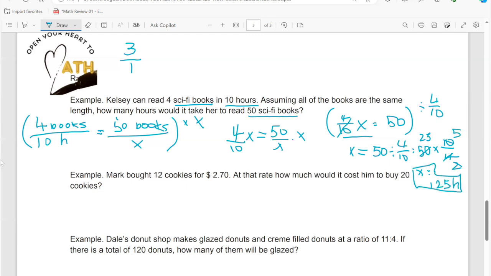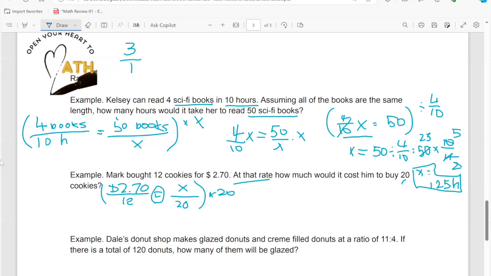Next example, 12 cookies for $2.70. I bought $2.70 for 12 cookies, and at that same rate, the rates are going to equal each other, to buy 20 cookies. If I want to buy 20 cookies, how much money x do I need? Okay. Therefore, I have to multiply 20 on each side.